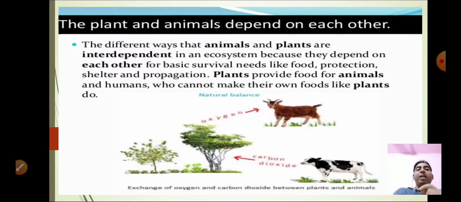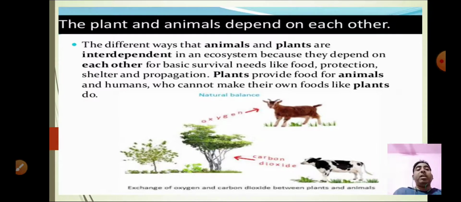These herbivorous animals are eaten by carnivorous animals. So other animals also depend directly or indirectly on the plants, and plants provide oxygen also. Plants provide the oxygen which is utilized by animals and humans.